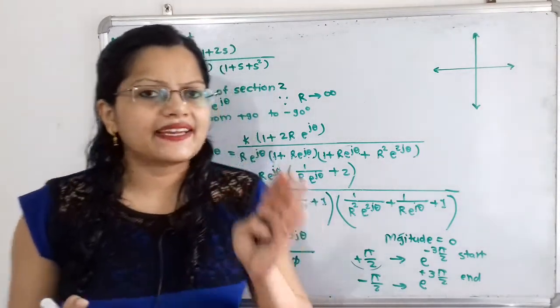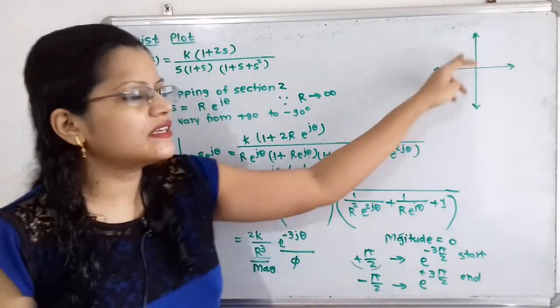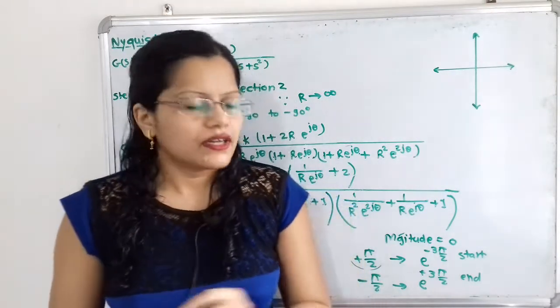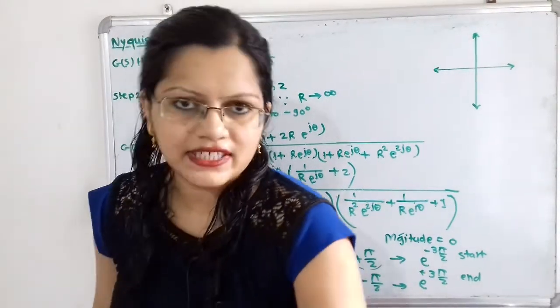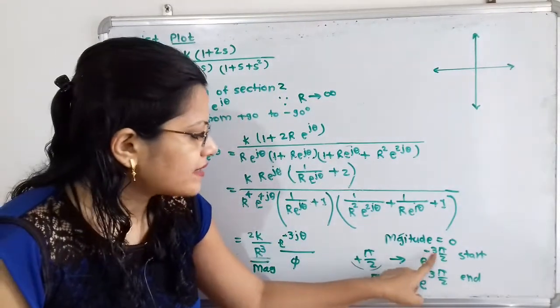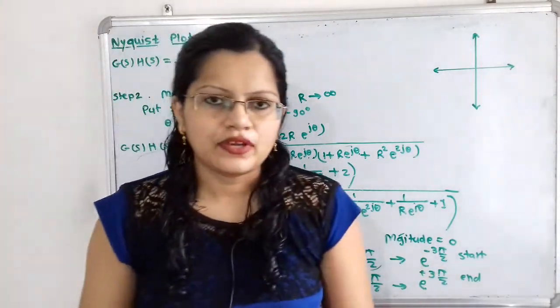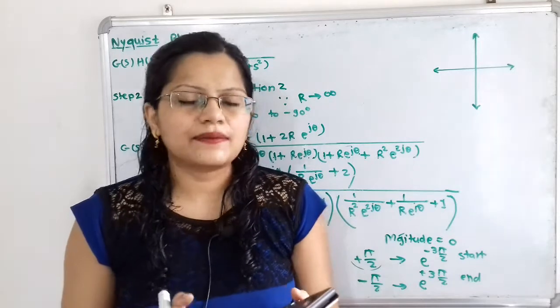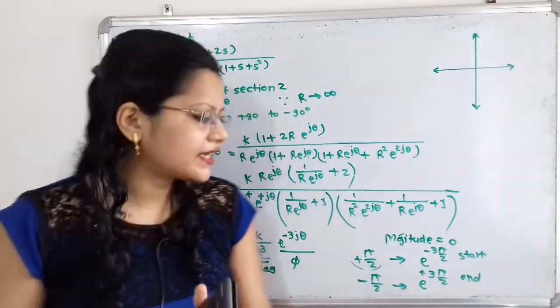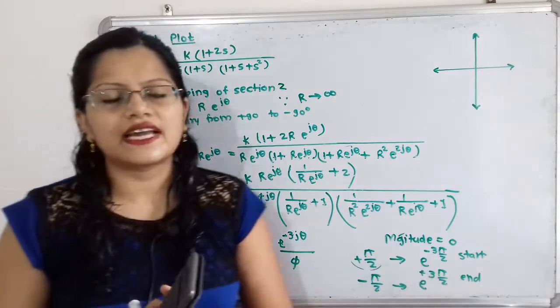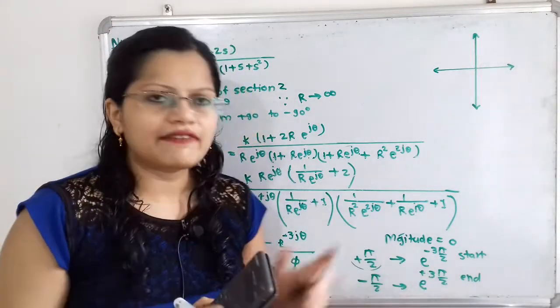Now here magnitude is 0, but still I will draw the circle. So how to draw? What is the total circle that is getting covered? So this minus 3 pi by 2 means what? 3 pi by 2, that means 270 degree. So minus 270 degree to plus 270 degree, this angle is getting varied.